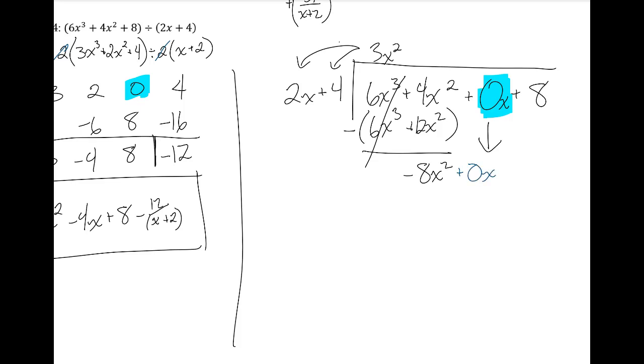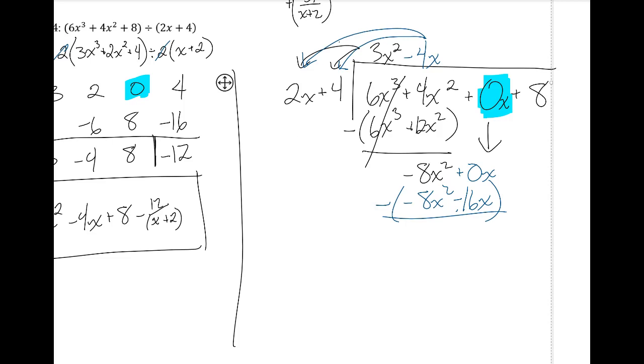So how do I make negative 8x squared from 2x? Well, times negative 4x would get me the parts that I am kind of missing to create that product. I'm going to distribute it through, and that gets me negative 16x. But again, remember you're subtracting this, so all your signs change. So that's cancel, and that is like adding 16x.